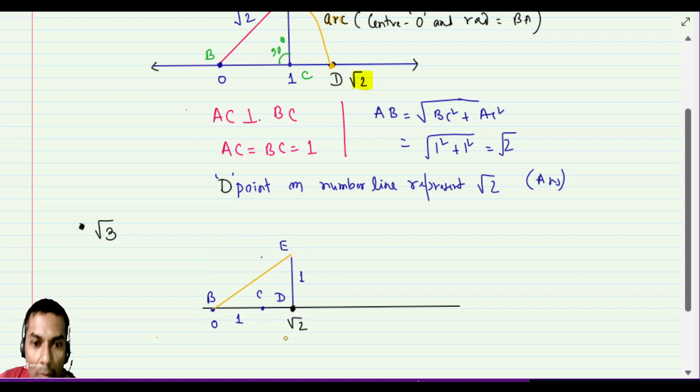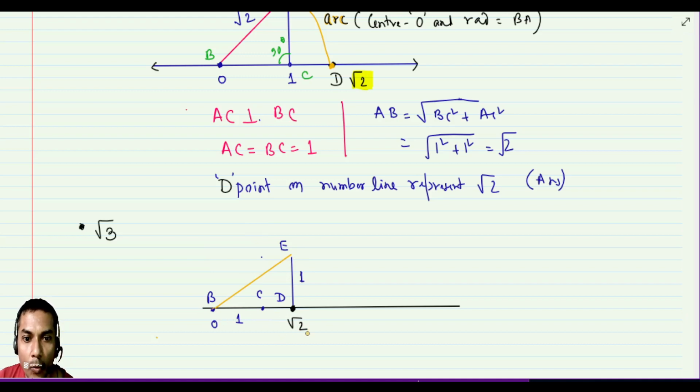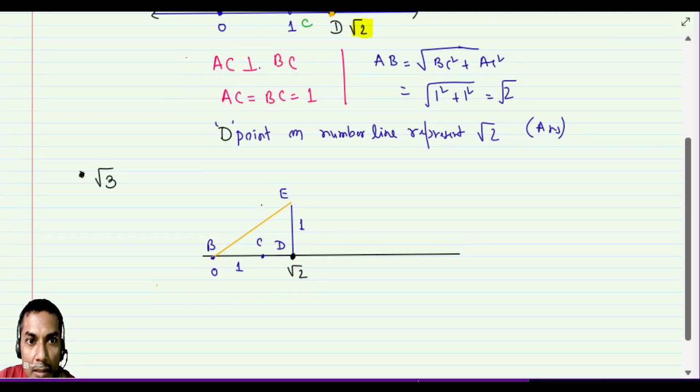So now what did you get? This is OD. OD is how much? OD is root 2. And ED is equal to 1. Is it clear? Now if I apply the Pythagoras theorem, we get BE.